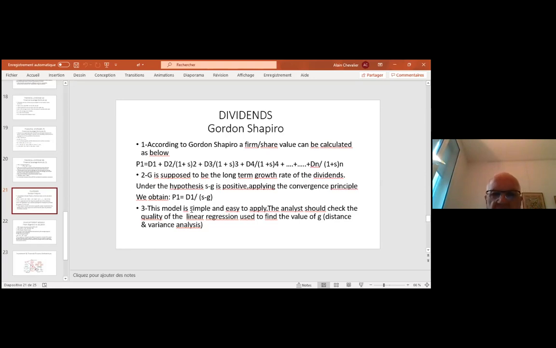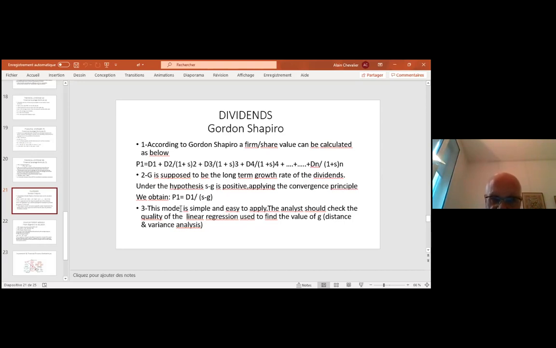If you are in a situation where you are looking for the value of P, which belongs to a firm not listed on the market, but you were able to calculate S using the leverage formula, you know the last dividend D1, and you were able to make the calculation through the regression line of G, the long-term growth rate of the dividend.